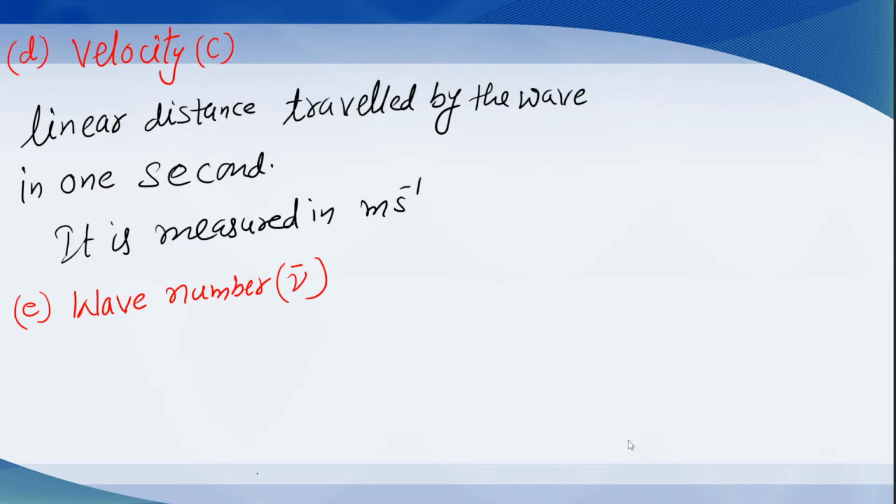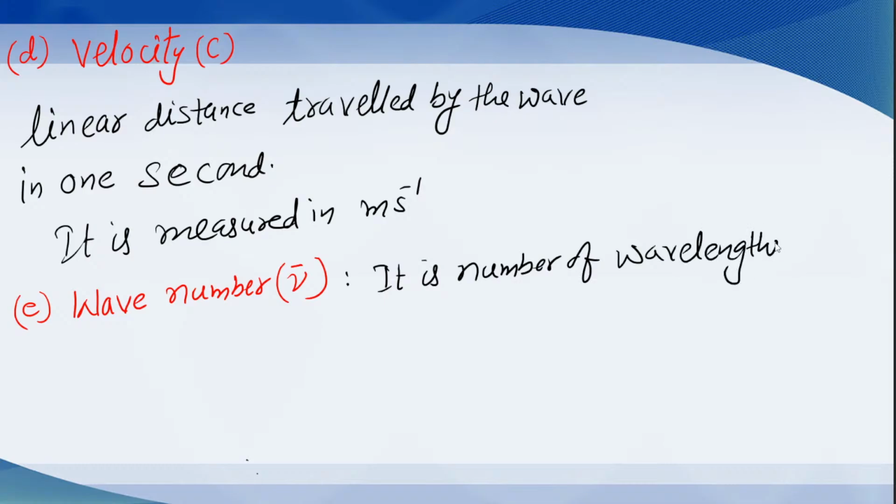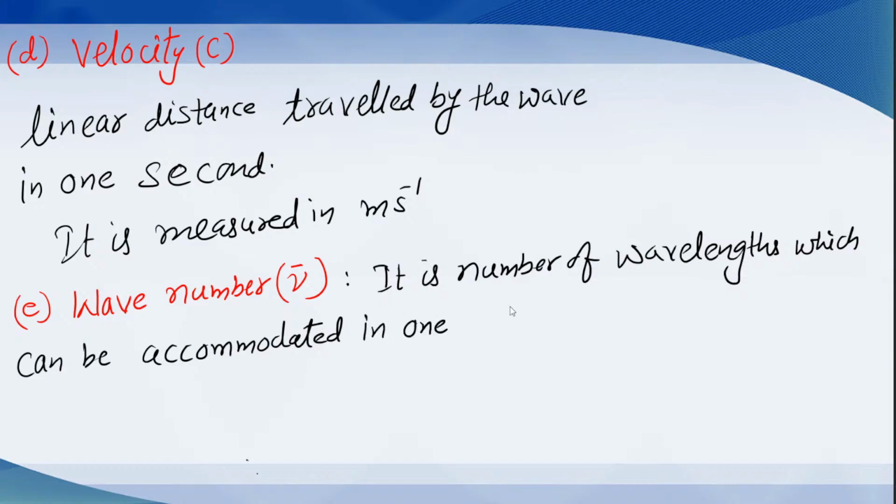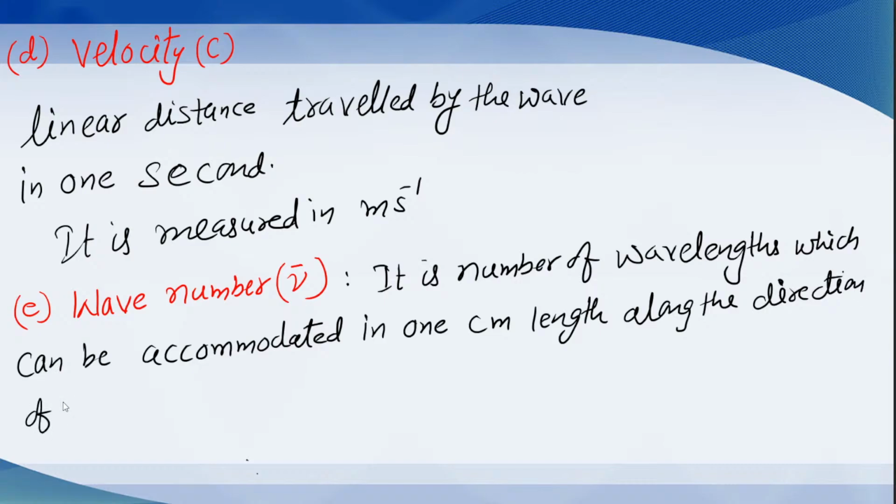It is defined as the number of wavelengths which can be accommodated in 1 centimeter length along the direction of propagation.